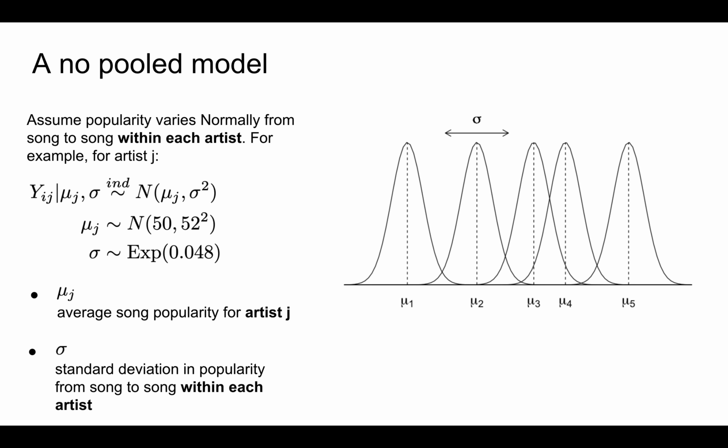Further, though we're assuming for simplicity here that this variability is the same for all artists, thus the width of the normal model is the same, we could also put a j subscript on sigma, thus assume that the variability in popularity is artist dependent. That is, we could assume that some artists experience more variability in popularity from song to song than others.